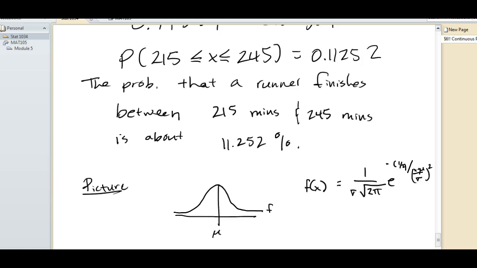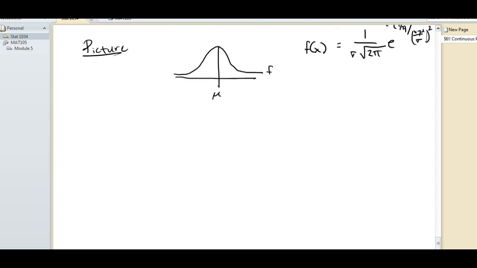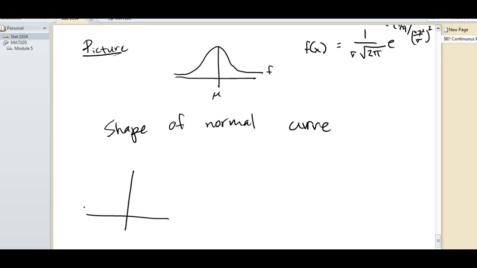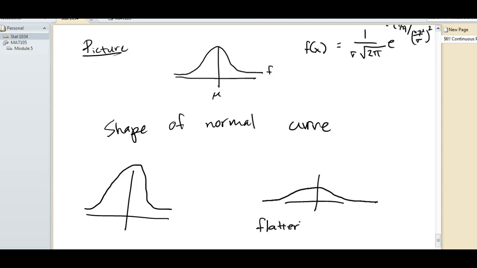Also, another thing, but this is something we dealt with before, in terms of the shape of the normal curve, this is true for most distributions because sigma represents the spread. If you have something flatter, it means it's more spread out, so sigma is bigger.